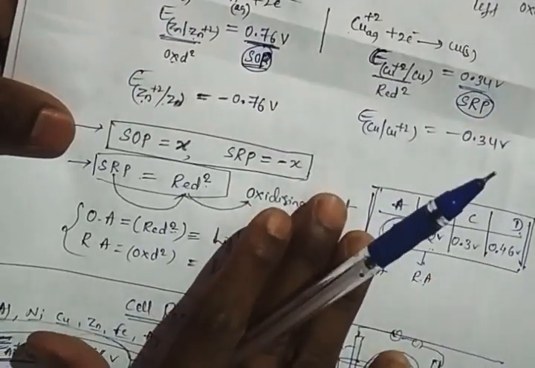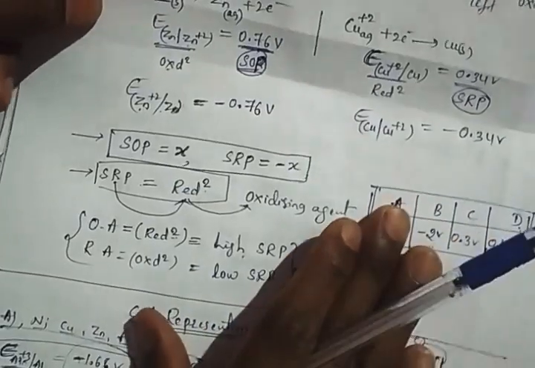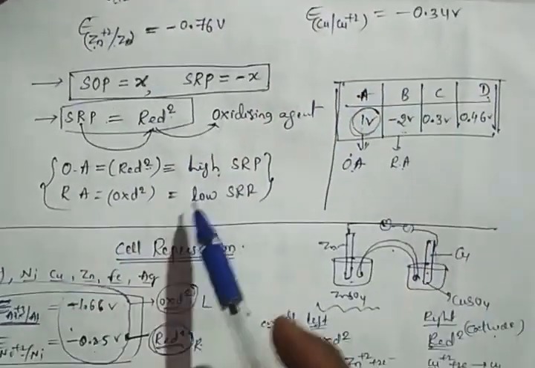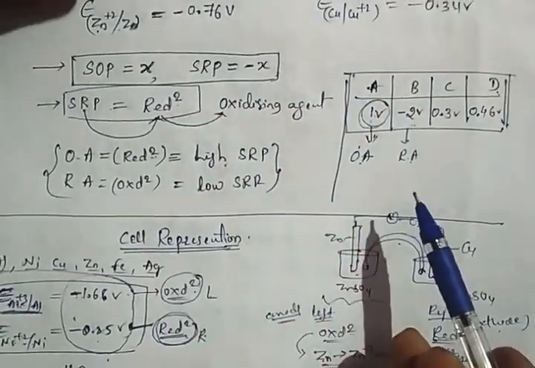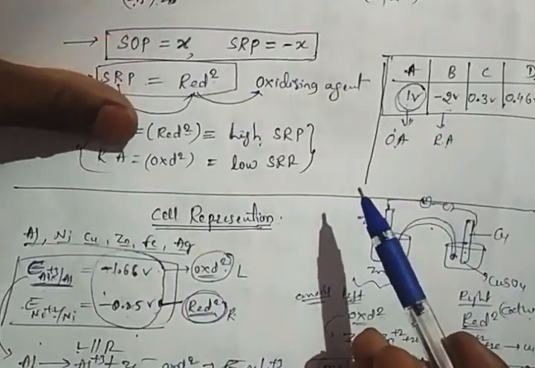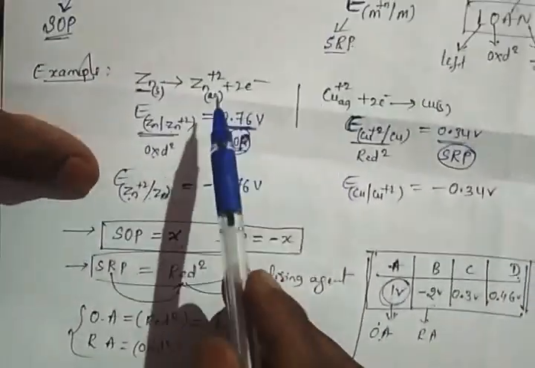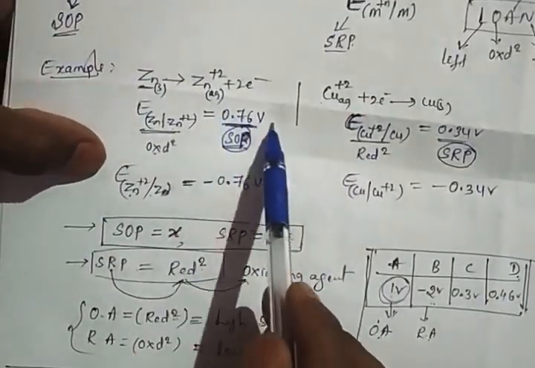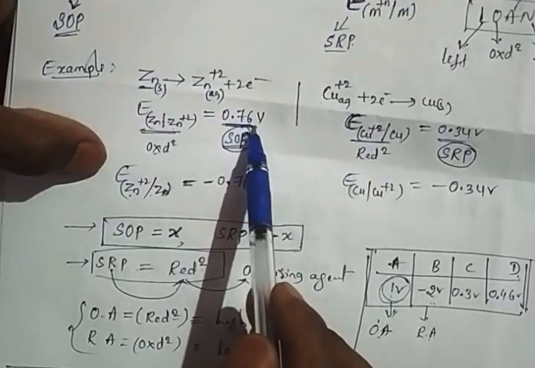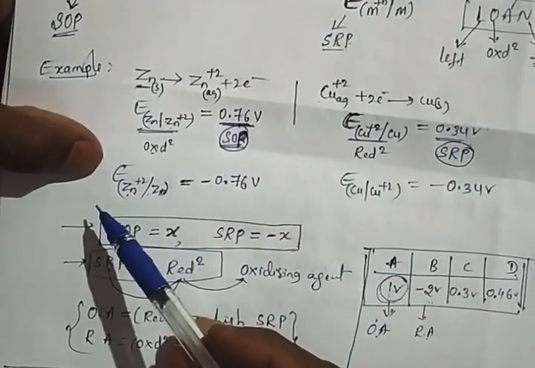These values are determined relative to a common reference electrode, the standard electrode. So what is the standard electrode? What is the reference electrode? How is it constructed and how does it work? How are these values determined? Zinc electrode potential is 0.76, for copper 0.34.